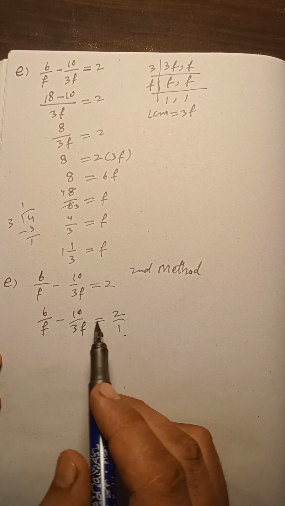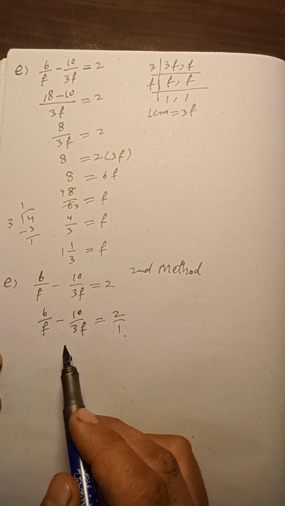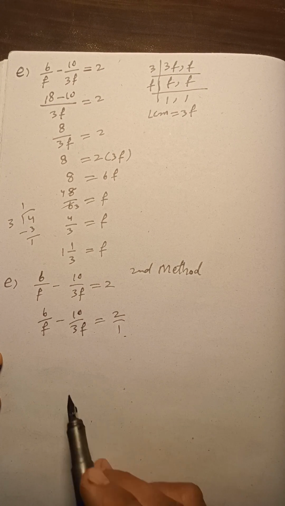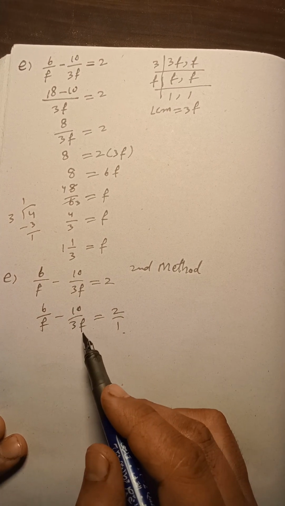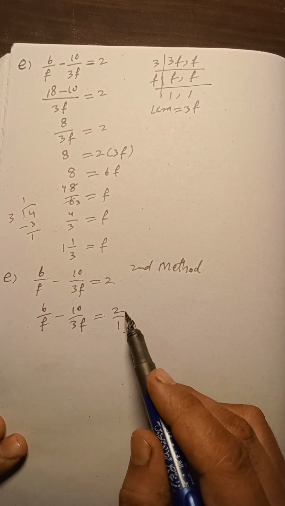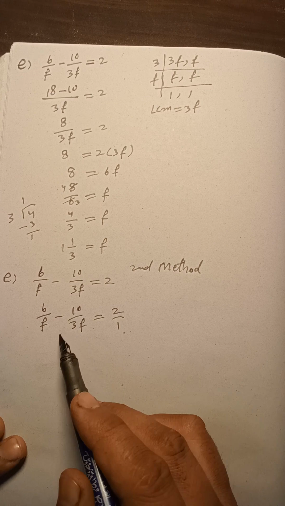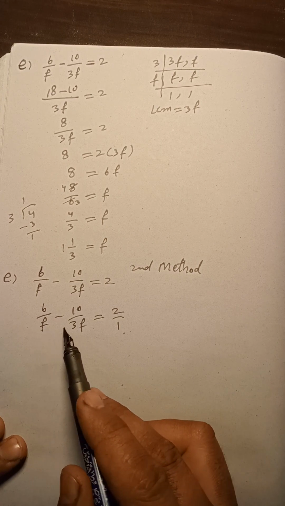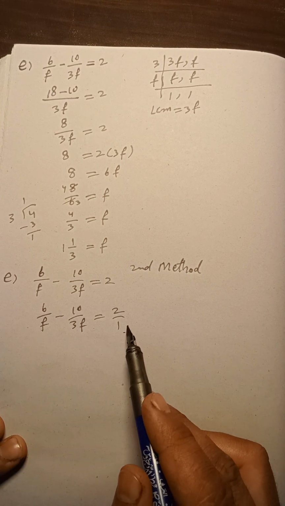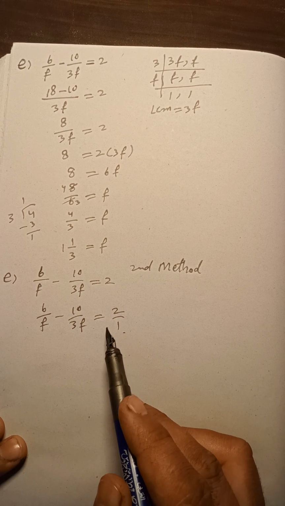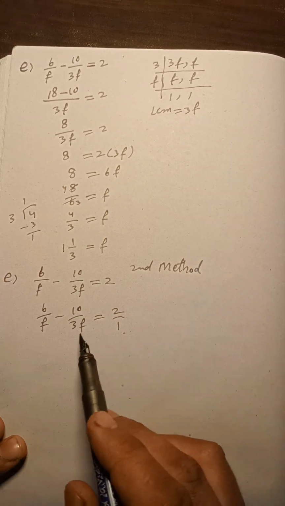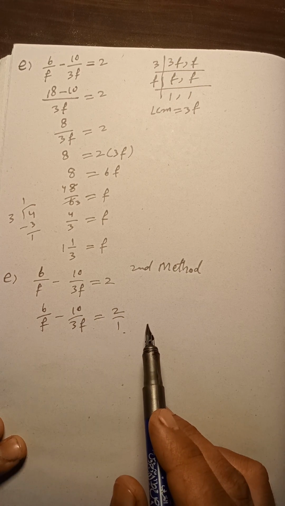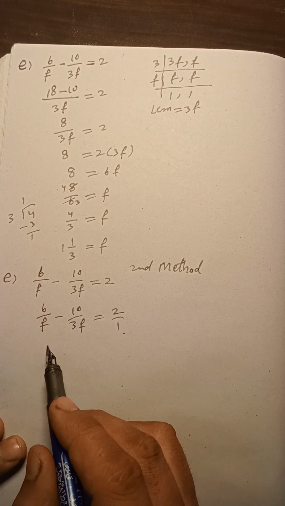Now you can multiply this 1 with the whole of this term, and this f and 3f which has LCM 3f with this number, or simply you can take the LCM of all of these 3 fractions. I have taken the LCM of all of these 3 fractions, that was 3f. So multiply these whole fractions with 3f. Multiply by 3f.